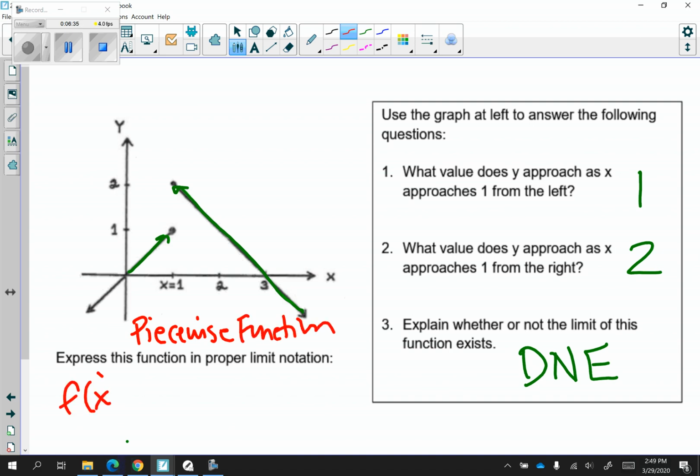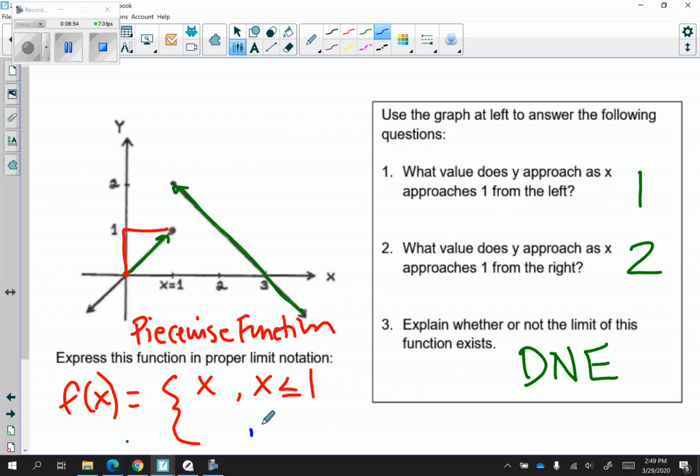So f of x is equal to, I'm going to open up the bracket, x, where x is less than or equal to 1. Notice my slope is up 1 over 1. My slope is 1, and it goes through the y-axis at 0, 0. So that would be represented by x.